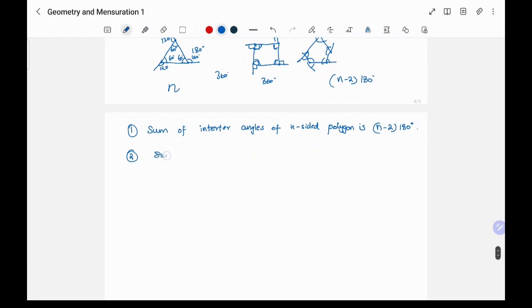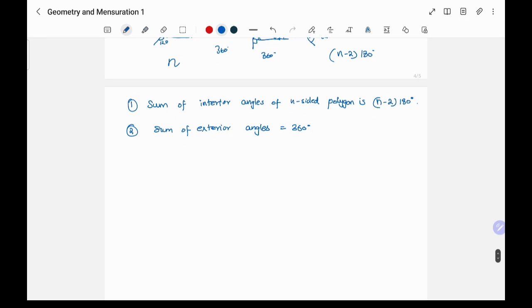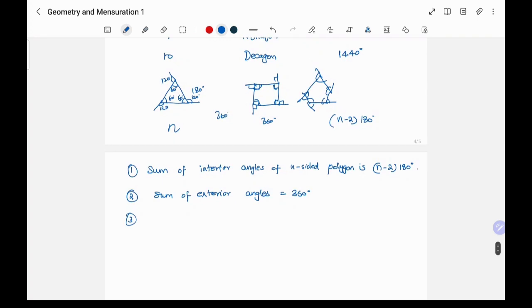So the sum of exterior angles is always 360 degrees. If you see, each side has one exterior angle. For triangle there are 3 exterior angles. For quadrilateral there are 4 exterior angles.